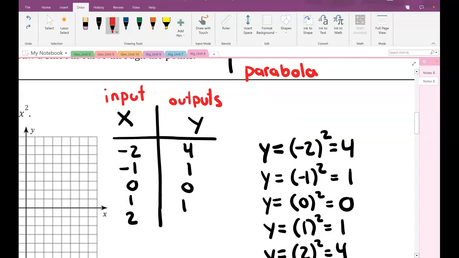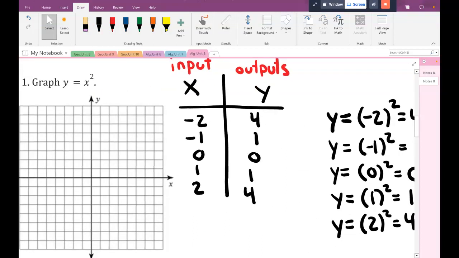So let's go through now and graph using the table that we made. Again, these are our x coordinates, these are our y coordinates. So we use them to match up on our x and y. I like to go top to bottom: -2, 4. That means we go over 2 and up 4.